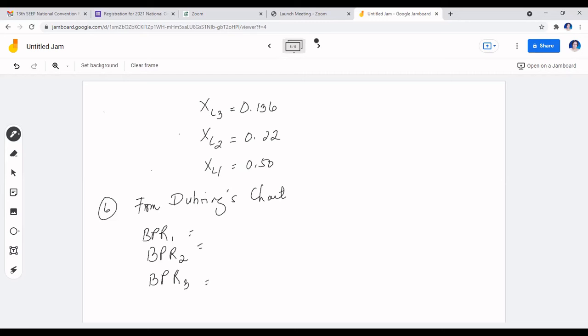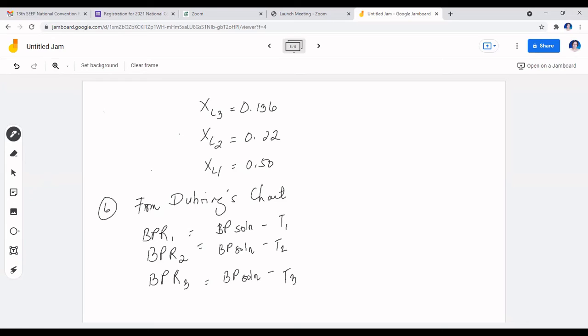The boiling point rise or the boiling point elevation of each of your effects is actually the boiling point of the solution as written in the chart minus the saturation temperature. If it's 1, then this should be 1. T1, you have T2, and you have here T3. The corresponding difference between these two is said to be the boiling point rise of your solution.